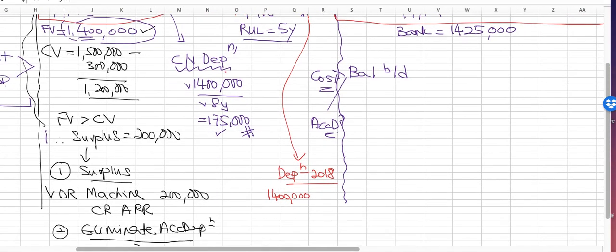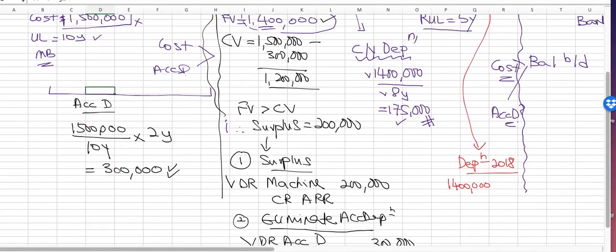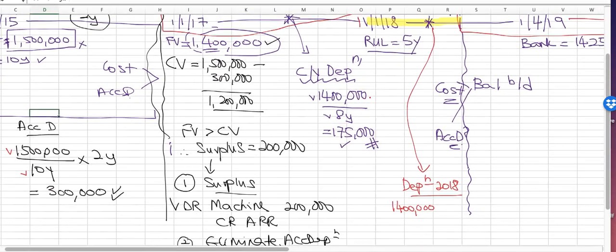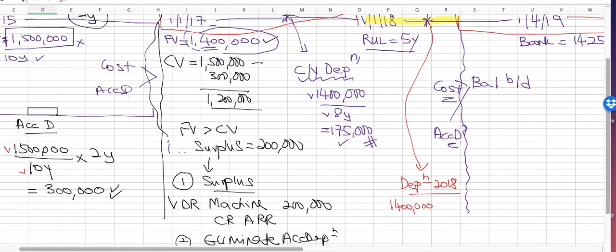Normally when you calculate depreciation, it will be cost divided by the useful life. Okay, this one we understand. Another way when you calculate depreciation is using the revalued amount. Since this is the revalued amount, you have to divide by the remaining useful life. This is another way of calculating the depreciation.